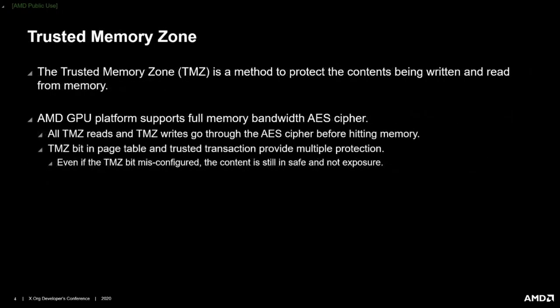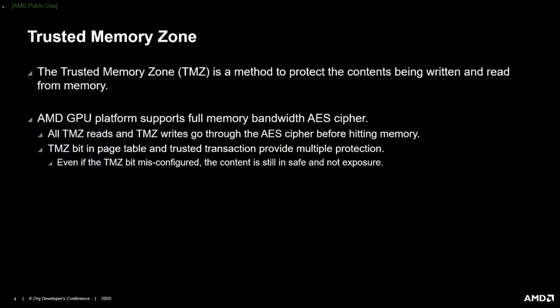Okay, move to the trusted memory zone. What is the trusted memory zone? The trusted memory zone, we call it the TMZ as well, is a method to protect the contents being written and read from memory. This memory represents both the system memory and the video memory.